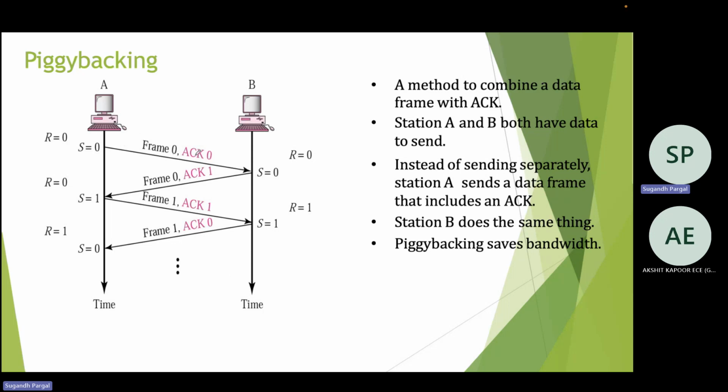Station B does the same thing, sending frame 0 with acknowledgement 1, meaning it needs frame 1. So piggybacking saves bandwidth if both stations want to send data.